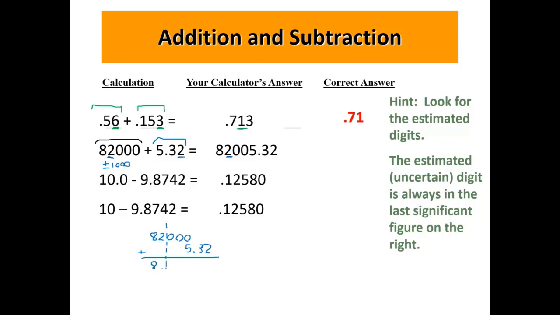Of course, the calculator spits out 82,005.32. However, my significant figures stopped way back here. I have to round that 2 up or down based on what comes after it. What comes after it is this 0. So the answer here is just going to be 82,000.